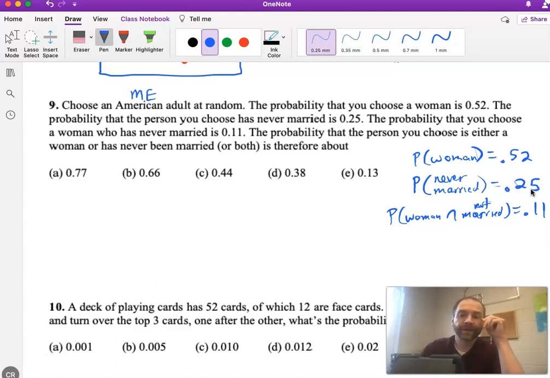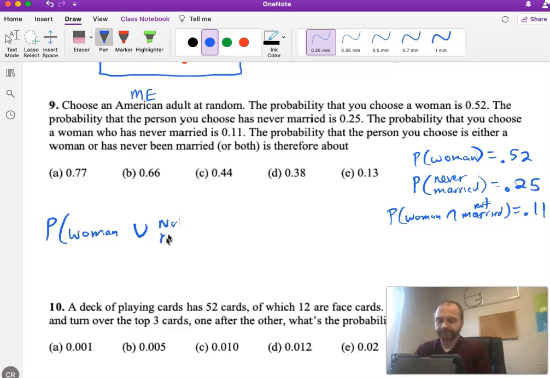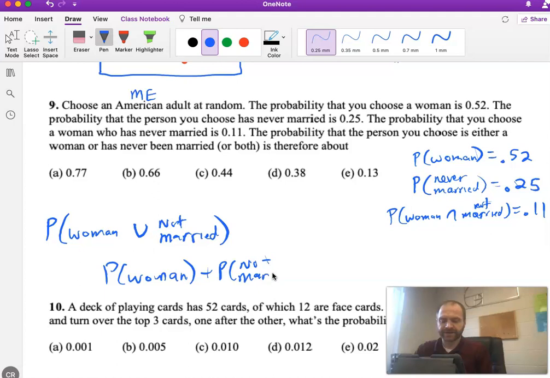All right, so here's what we have. We're being asked the probability that the person you choose is either a woman or has never been married or both. So that would be the probability of a woman or not married. And to do that, we have to find the probability of a woman first, add the probability of not married, and then realize there may be overlapping.